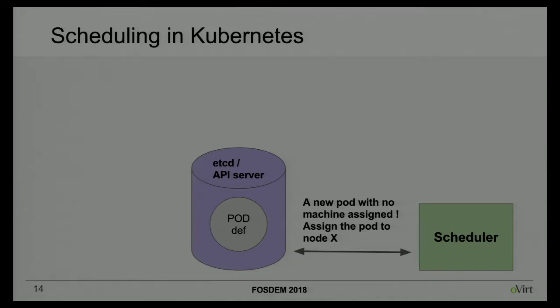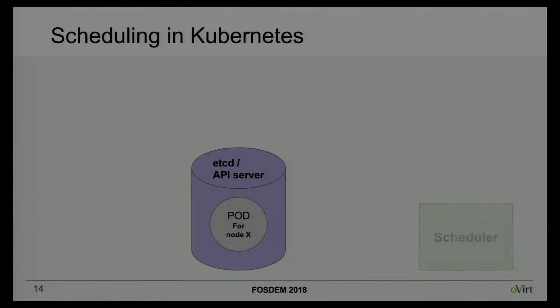So doing all of these calculations, it finally comes out with the best host for that specific pod. Once it decides what's the target host or the target node, it updates the state in etcd. So the pod is now in a state where it's assigned to a specific node X.